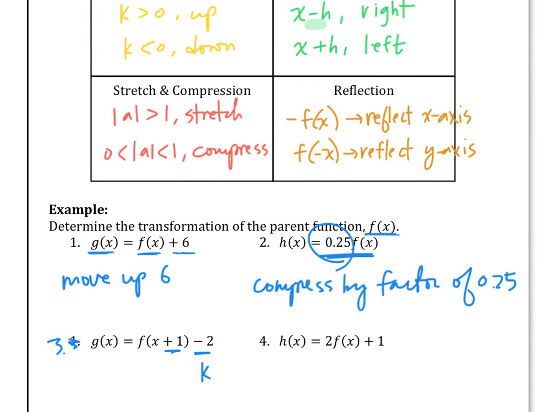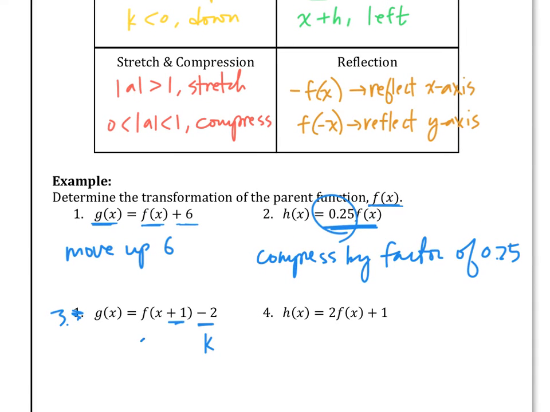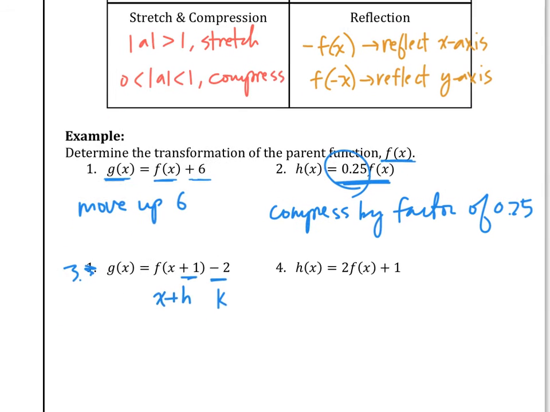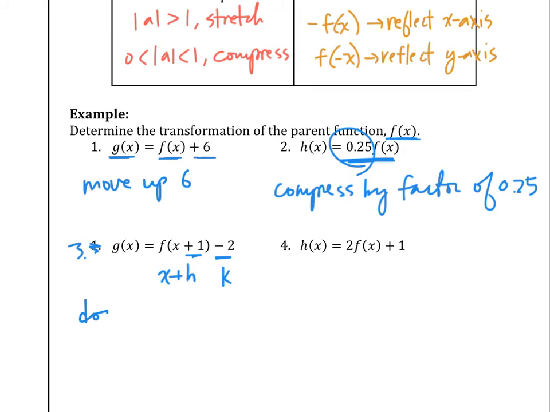So when we see x plus h, we're going to go to the left. Left by how much? Left by 1. So this is going to be down 2 because k is -2, and then we're going to go left 1 because this is x plus 1. All right, go ahead and pause the video and try number 4.